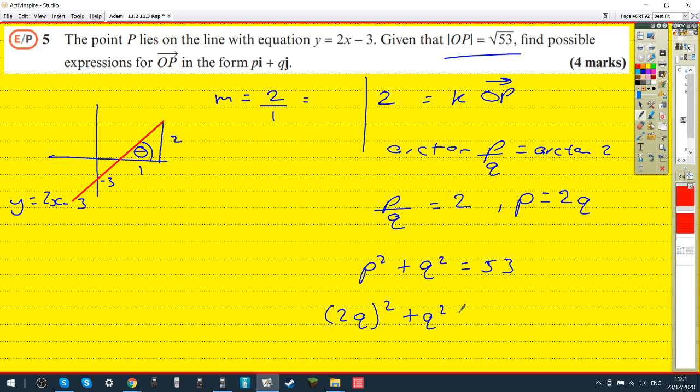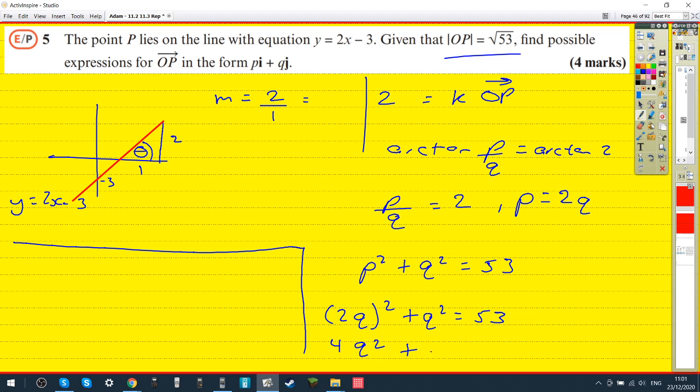Then you'd have to solve that. Could you square root both sides? Not yet. What is (2Q) squared? 2 squared Q squared, or 4Q squared.